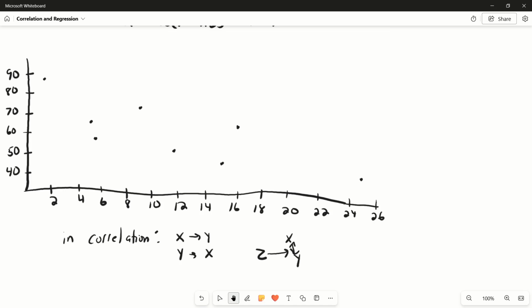It happens to be that the temperature, the heat, causes an increase in ice cream consumption and crime, because in the summer, people eat more ice cream. And in the summer, people commit more crimes because more people are out, so there's going to be more crimes committed, especially theft and assault.